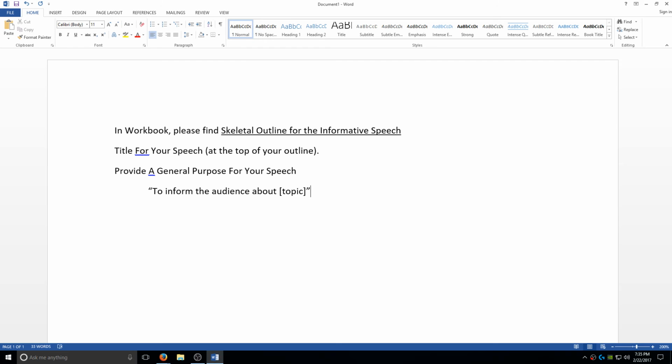Now, there's also going to be something that looks similar in your book, and you're like, well, it says general purpose here is just to inform on your skeletal outline. I guess I'm a little more persnickety in that when we get to the next part of your outline, which is a specific purpose, I would like for you to write something like, to inform my class audience about topic, and then specific.